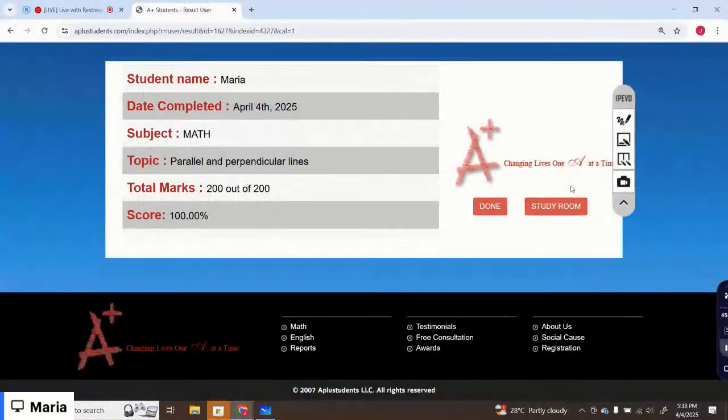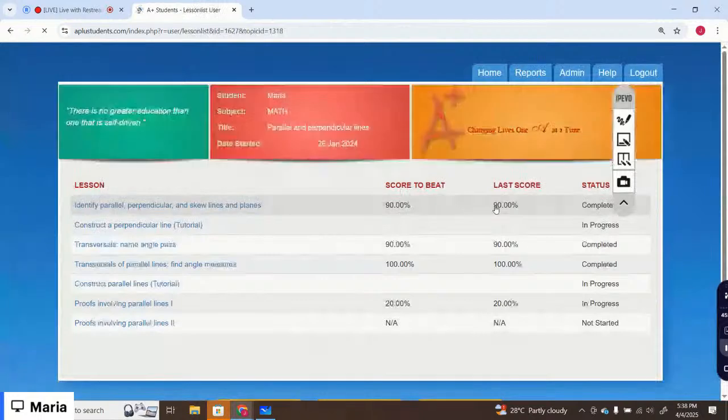Okay, we are done with the lesson. So we're working on grade 10 math. The chapter we're working on is parallel and perpendicular lines.